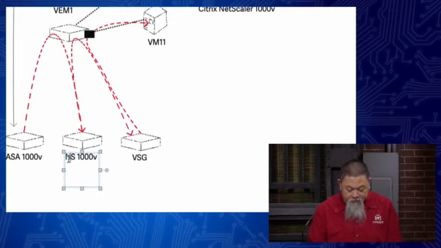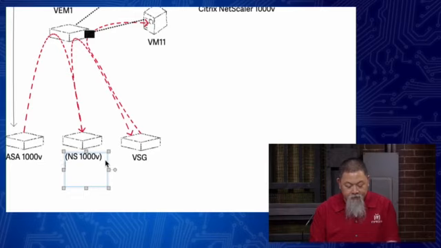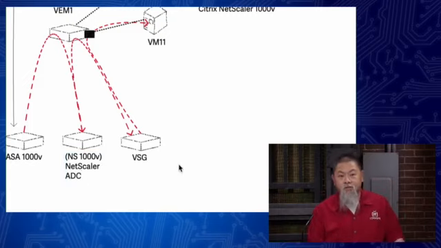Let me see if I can change that a little bit here. I'll just expand that out just a little bit. And so this one is now called the NetScaler ADC, Application Delivery Controller.